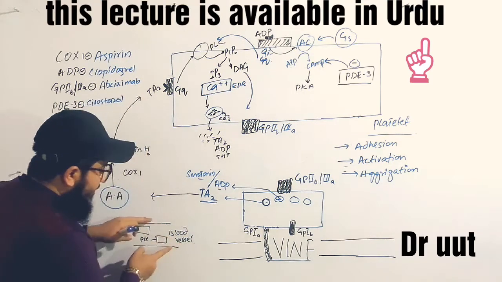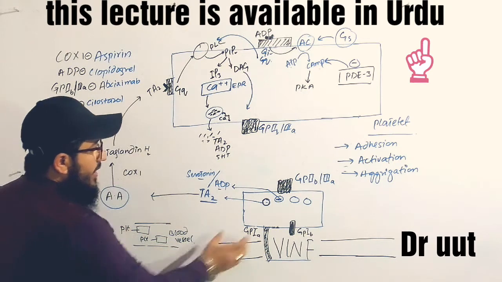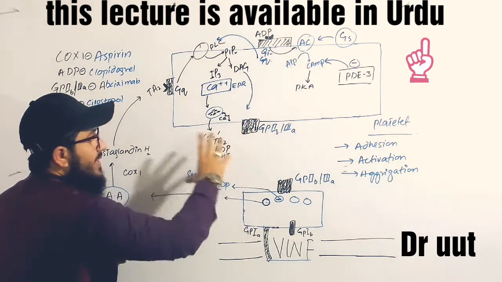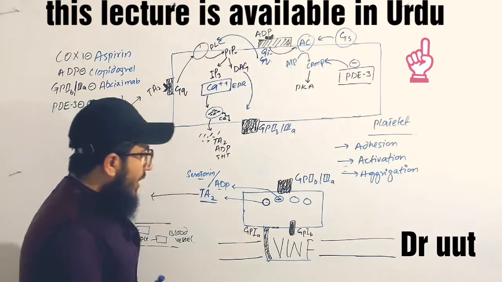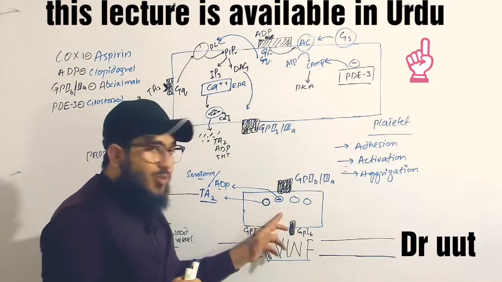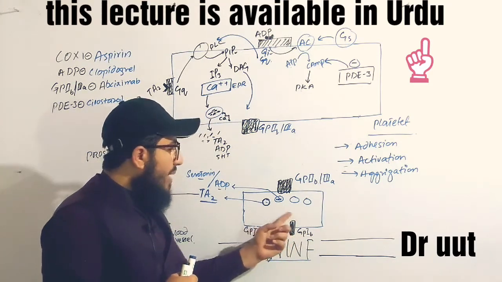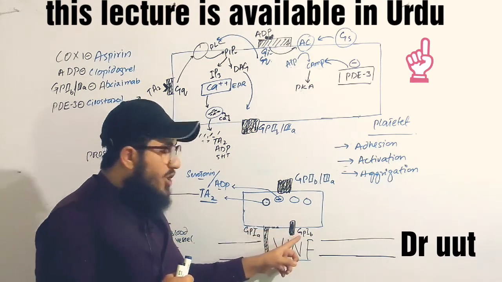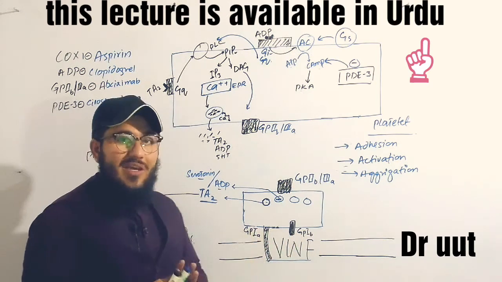Now this is the blood vessel and these are the two floating platelets, and I have just zoomed the picture a little bit. This is your first platelet, and here is another platelet. Consider that this procedure is happening inside the blood vessel. When this platelet reaches the von Willebrand factor, it has two types of receptors on it, known as GP1B and GP1A.